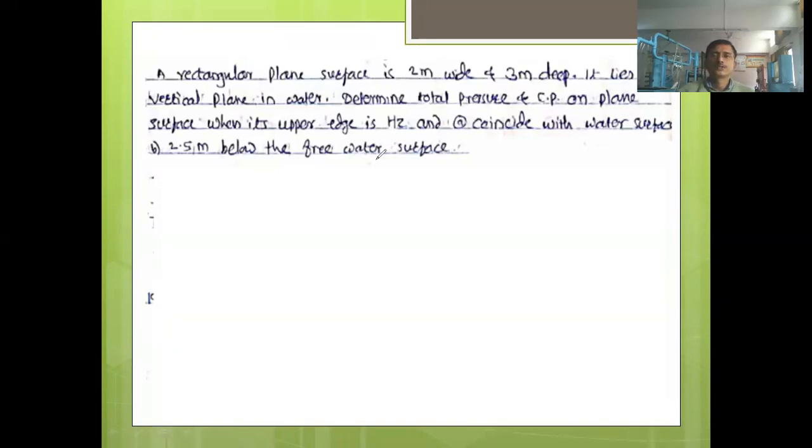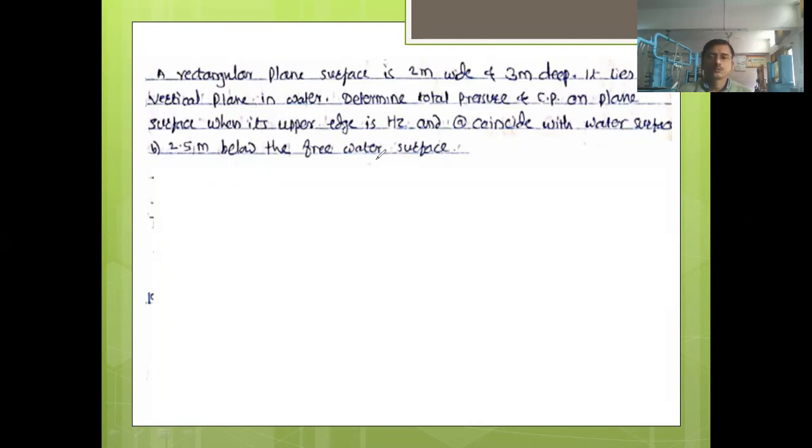Determine the total pressure and center of pressure on the plane surface when its upper edge is horizontal, and first coincides with the water surface. Second, 2.5 meter below the free water surface.